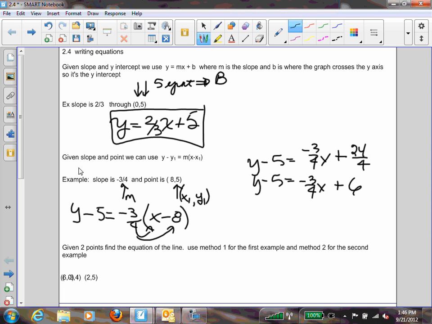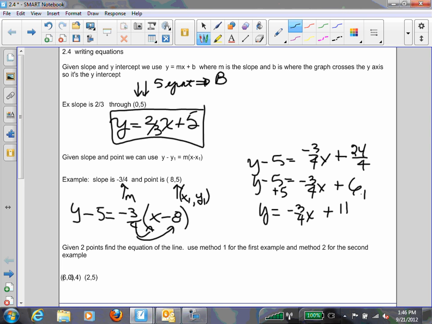If it doesn't work, then you're stuck dealing with fractions. Add the 5. So y is equal to negative 3/4 x plus 11, because we're going to add 5 to both sides. And the 5 and the 6 are the common terms, and so those are the ones that get combined. All right, so either way gives us the equation.